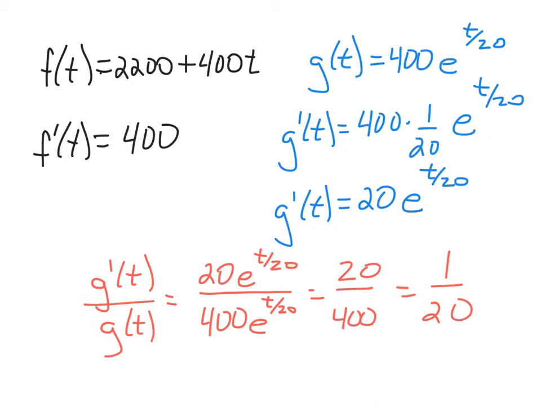And what that's telling us is our relative growth rate is 1 over 20, and so that means that it's increasing at 5% in a way. So it's kind of like a compound interest thing, right? It's always a 5% increase of whatever the current value is.